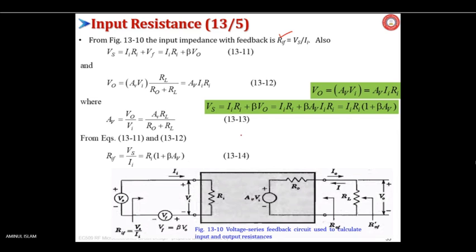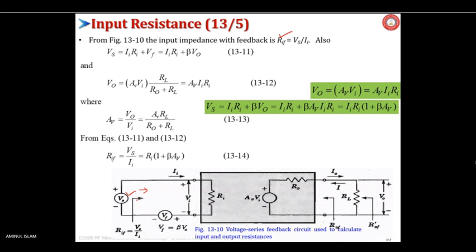F is coming because feedback is there. So RIF equals VS by II, the input.